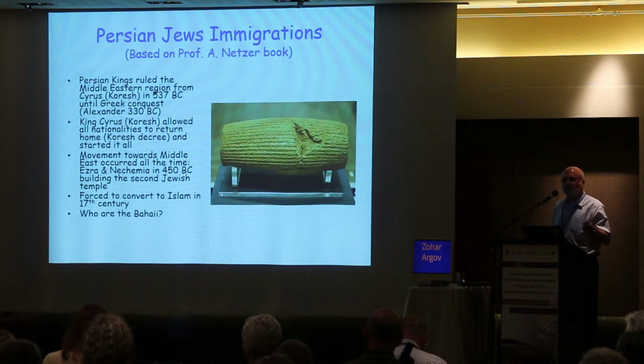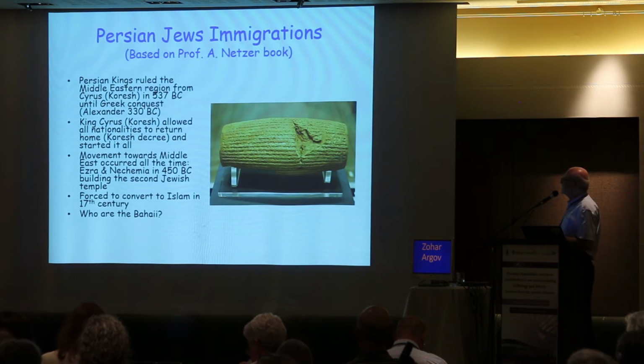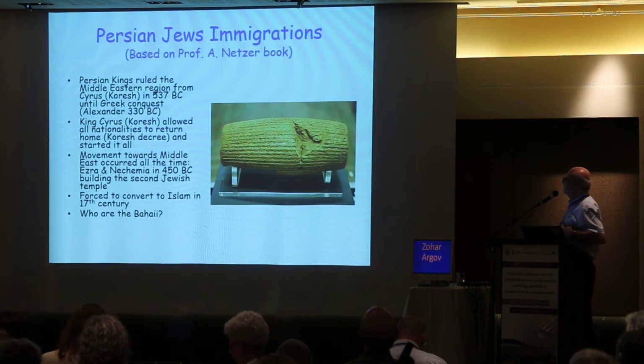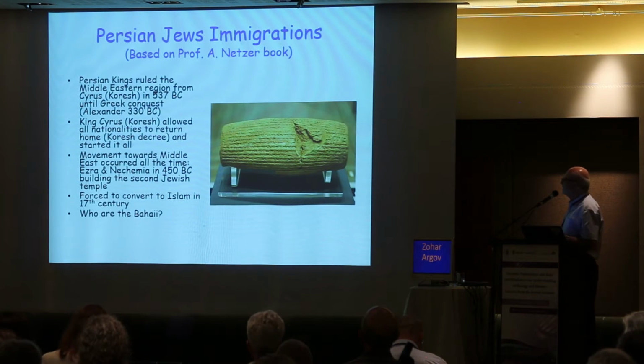This is King Koresh. In Iran they call him Koresh; otherwise his name is Cyrus. And he conquered the whole of this region which I showed you, until the conquest of Alexander, about 333 BC. King Cyrus, or Koresh, allowed all nationalities to return to their homeland.